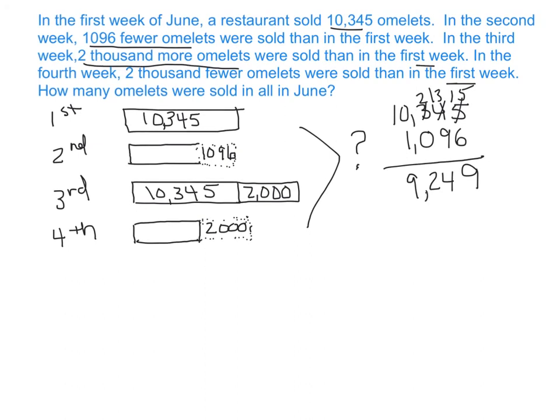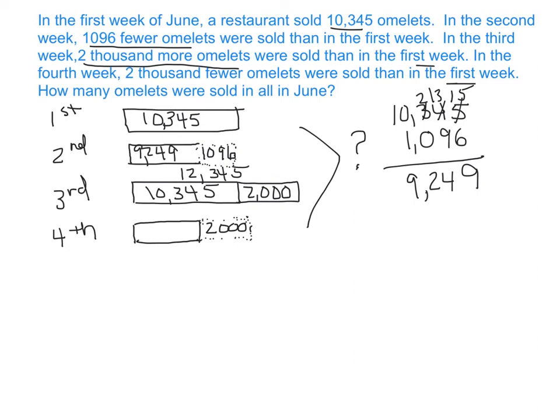So that second week they sold 9,249. Then the third week, they sold 2,000 more than the first week, and I can actually do mental math with that because 2,000 more than 10,000 is 12,000, but I keep the 345, of course. So that's how many were sold the third week.